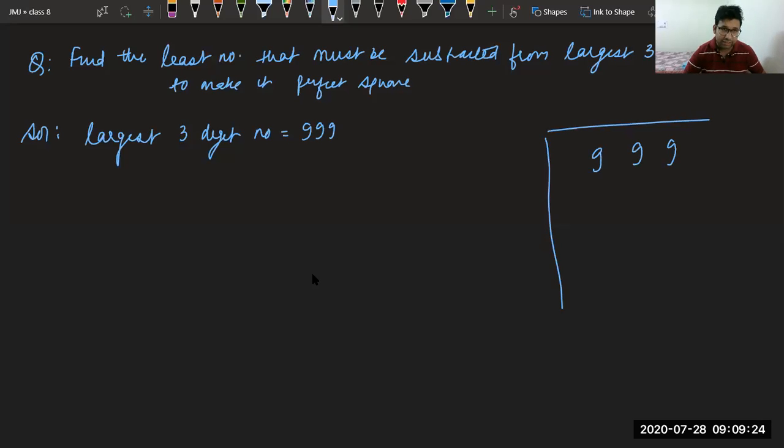Hiteshri saying 189. Aviral saying 118. Justin and Palak saying 189. Try fast.